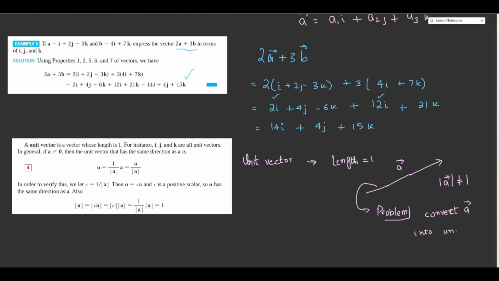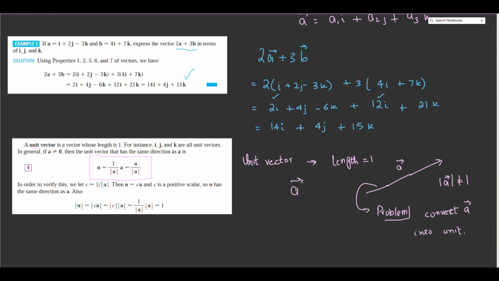How can we do this? For this we have the following formula, which says that we can convert a vector a into a unit vector by dividing the vector by its length.